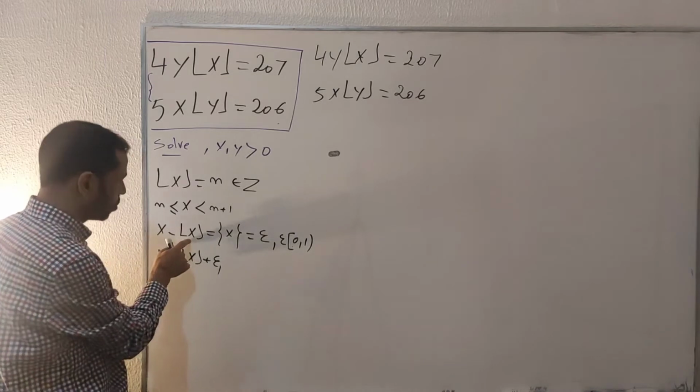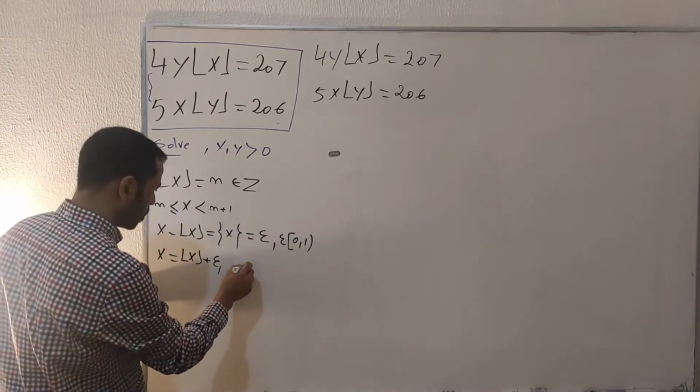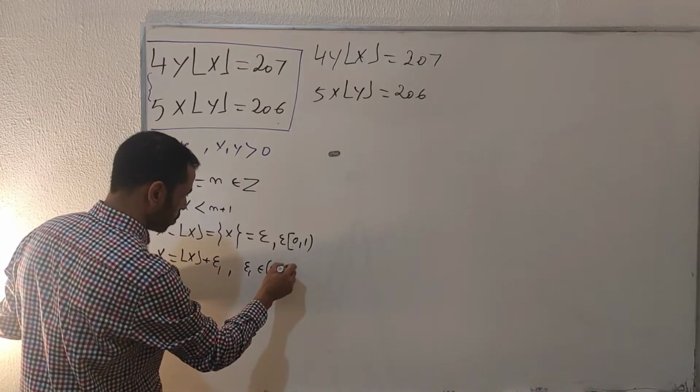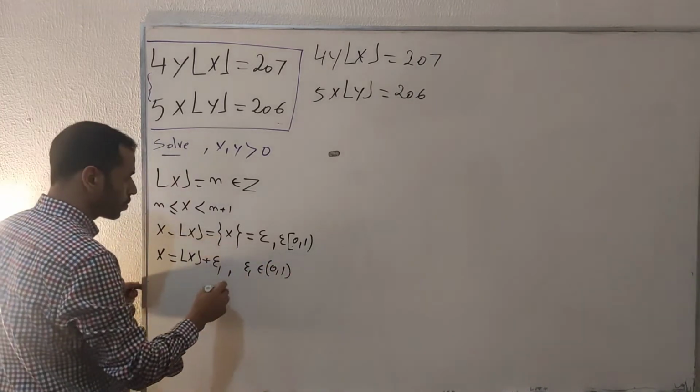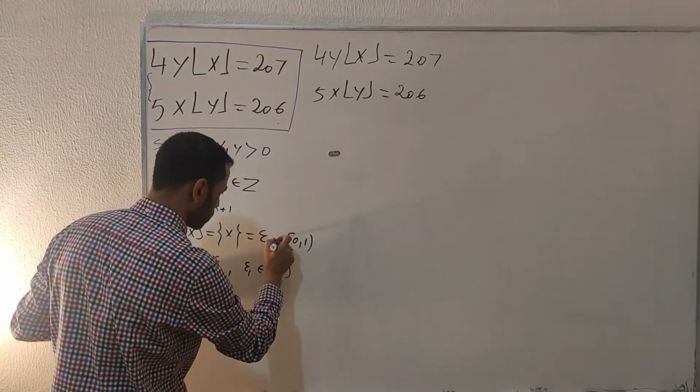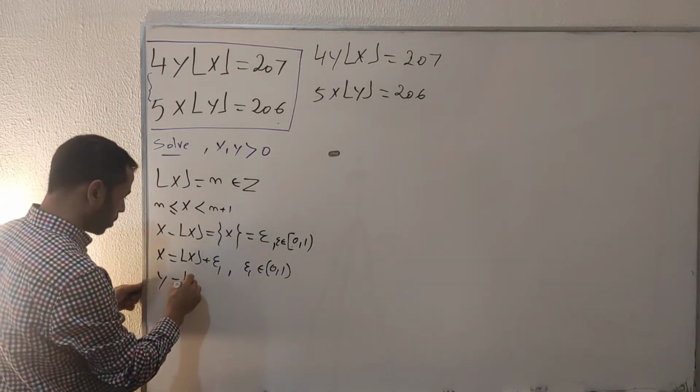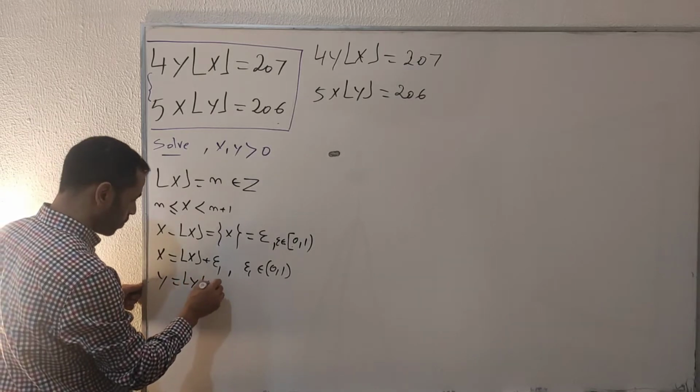I'm just moving this to the right, where epsilon 1 is in the interval between 0 and 1. For y I will have the same thing: the floor of y plus epsilon 2.